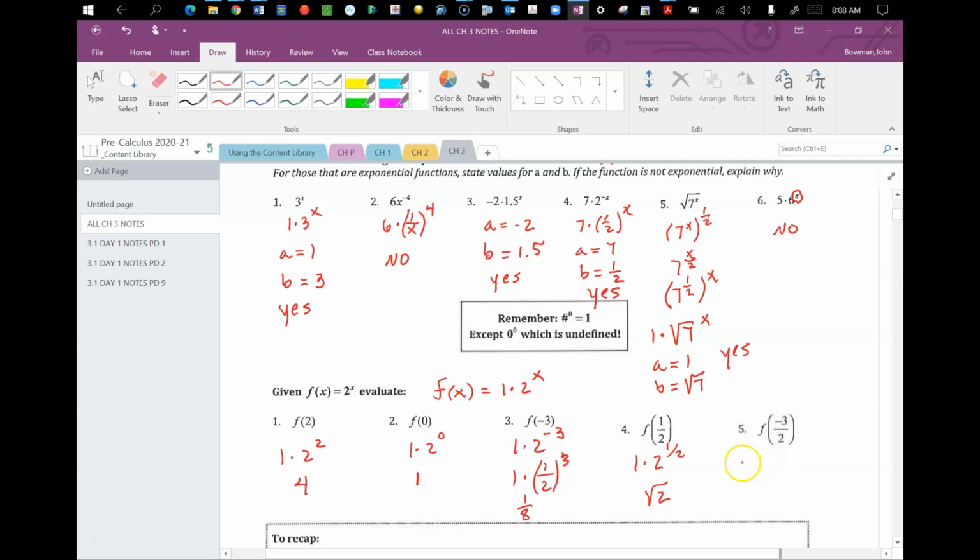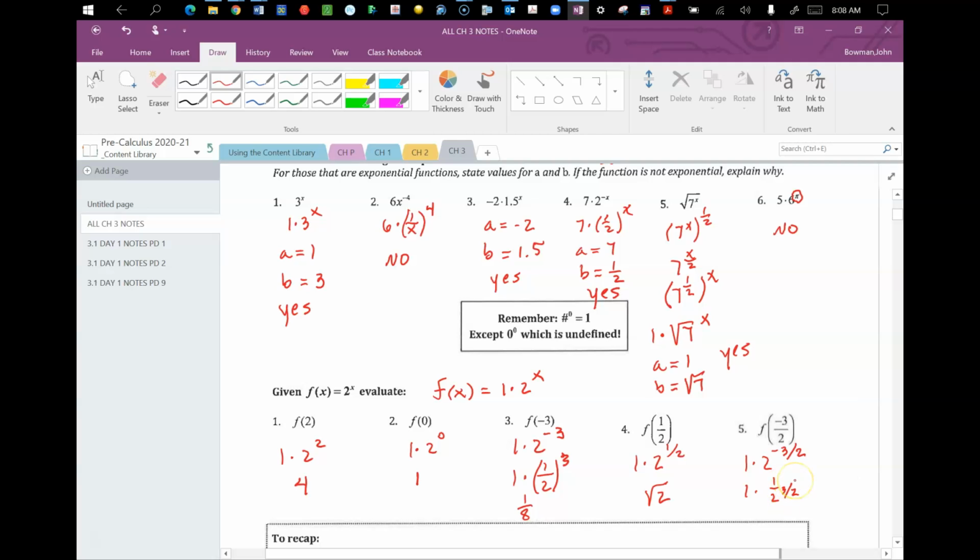And then finally, f of negative 3/2 would be 1 times 2 to the negative 3/2, and we're going to rewrite this as 1 times 1 over 2 to the 3/2.